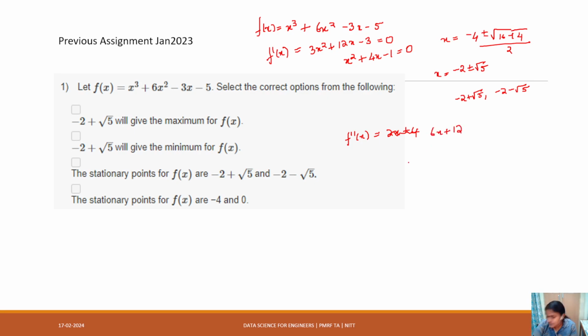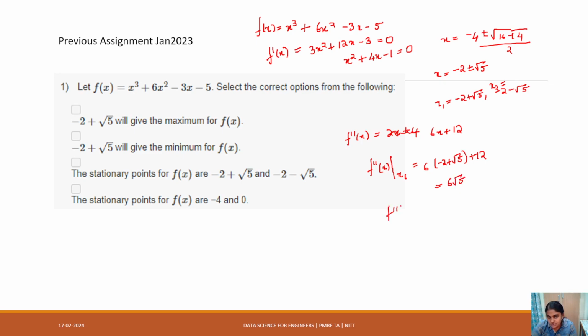So f double dash of x at x1, I'll name this as x1 and this as x2. At x1 it will be 6 into minus 2 plus root 5 plus 12. The answer will be 6 root 5.